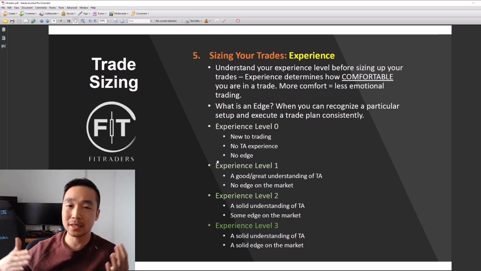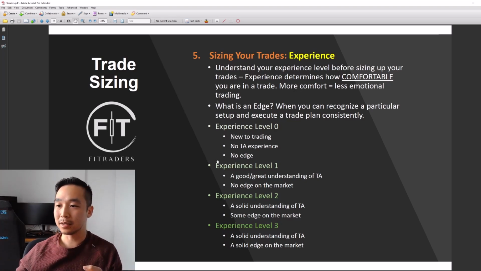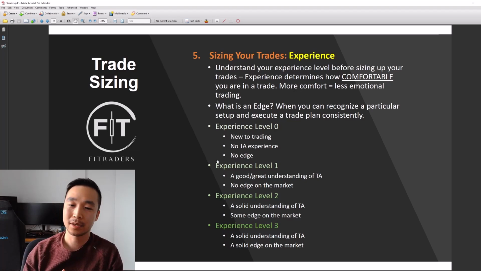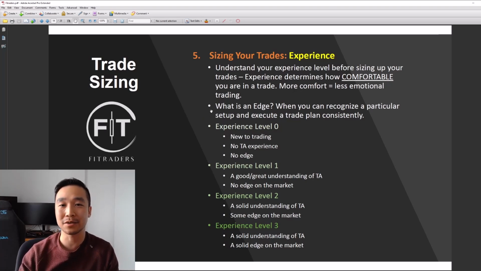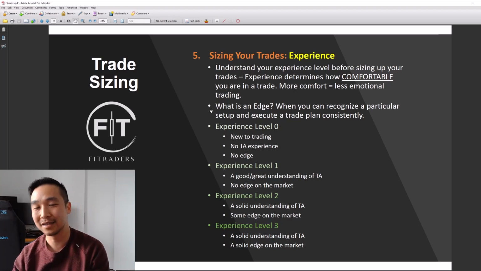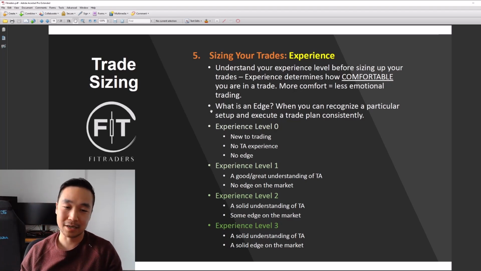TA is not hard to learn. It's hard to apply. It's hard to manage your trade around the TA. So if you're experience level 0, hopefully you're not playing with hundreds of thousands of dollars, because that's a lot of losses you're going to incur trying to learn TA. I always recommend sizing down to begin with.